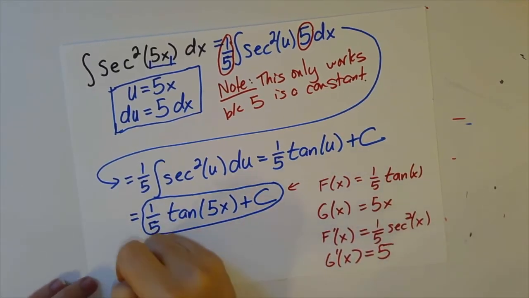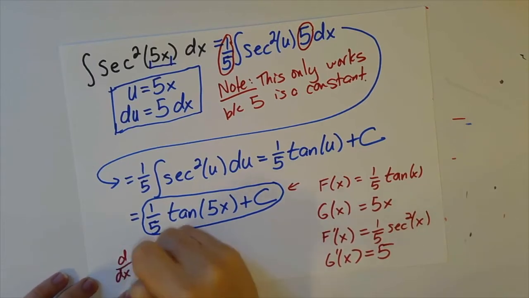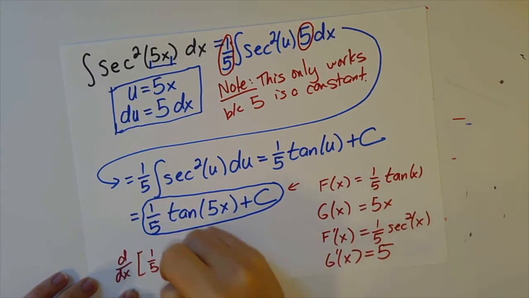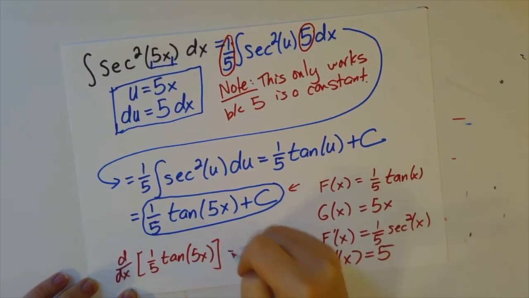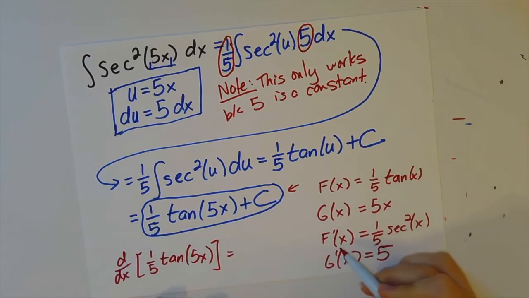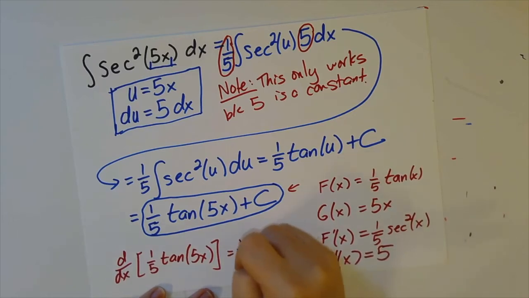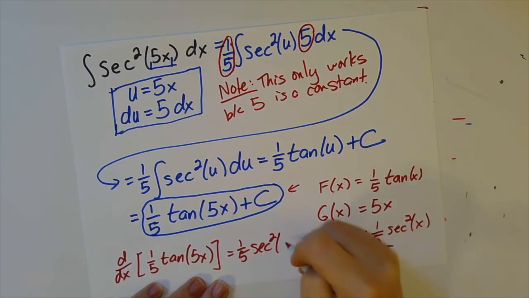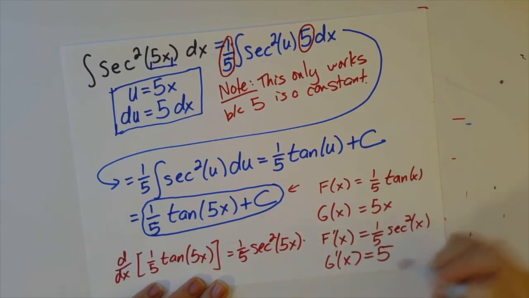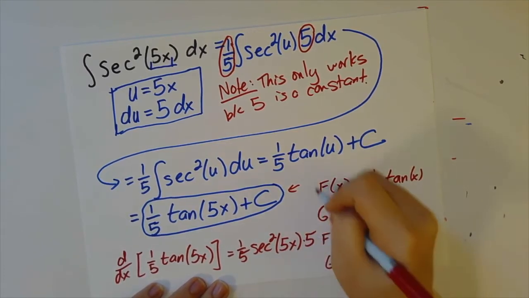So if I took the derivative of 1/5 of the tangent of 5x, I would get f prime of g, which is 1/5 of secant squared of 5x, times g prime, which is 5.